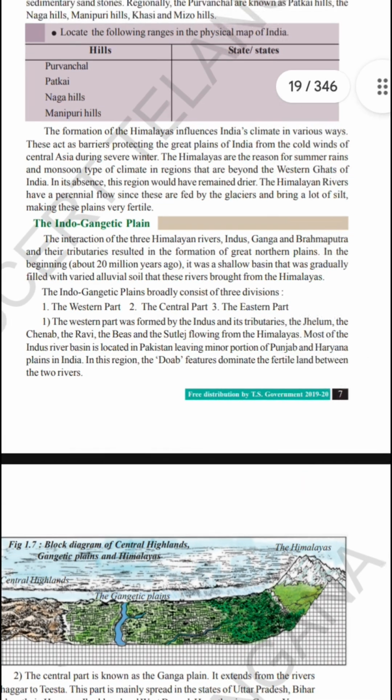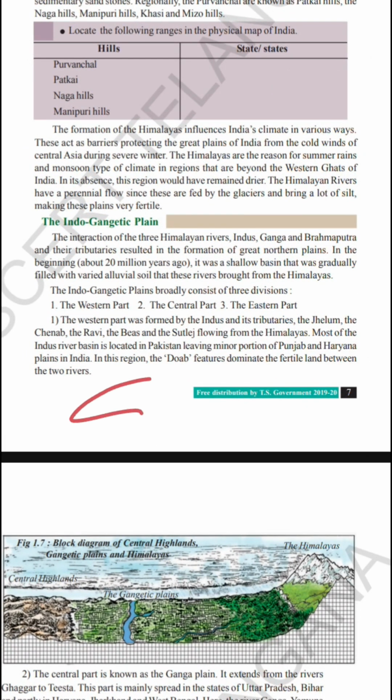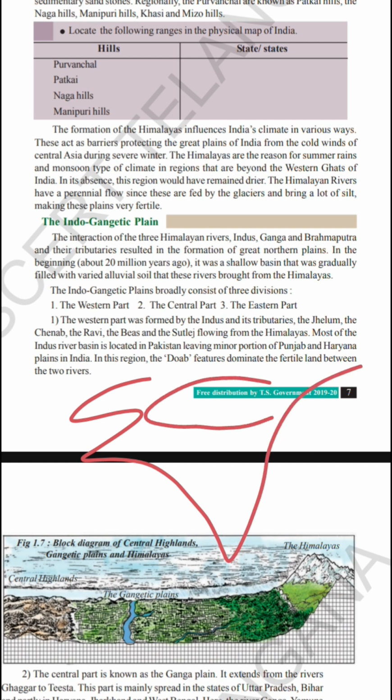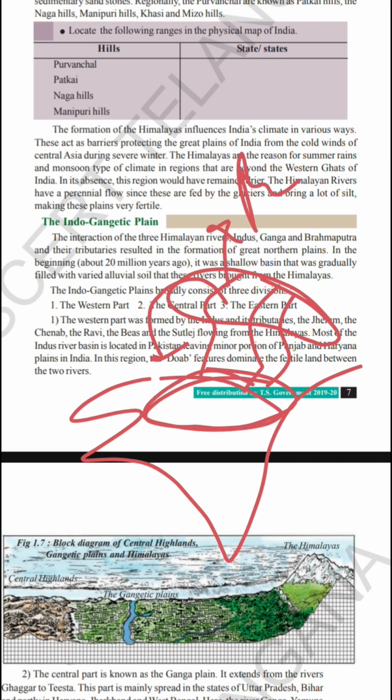So it is the empty landmass here. Later, when Himalayas are formed, with the help of Himalayas, there is origination of various perennial rivers. And by the flow of perennial rivers, the sediment and the pebbles are stored in the basins, and later the basins took the form of plains.